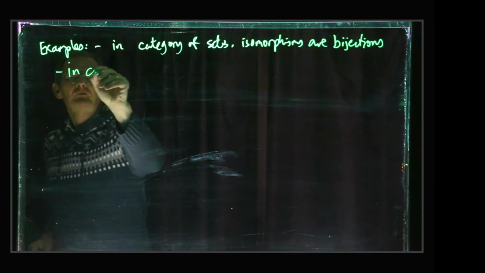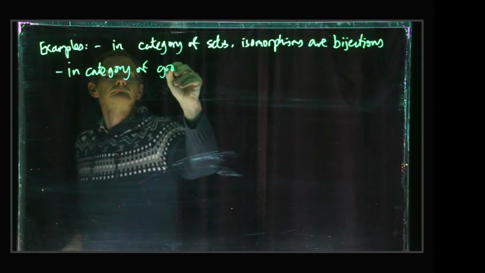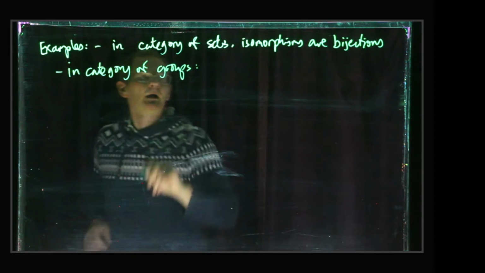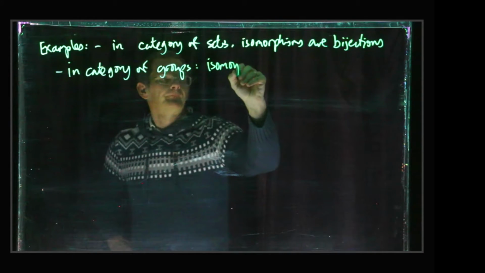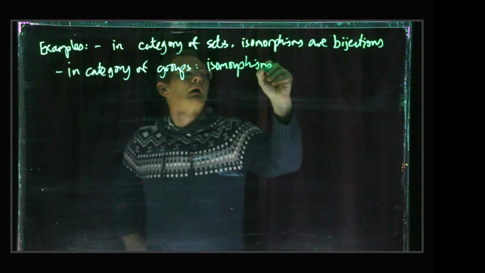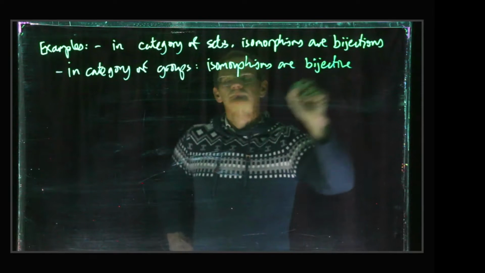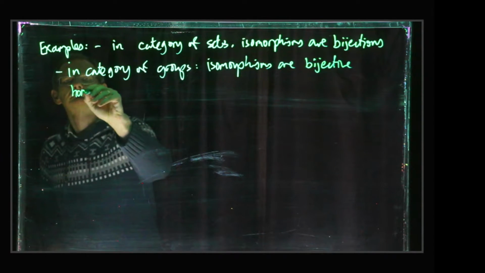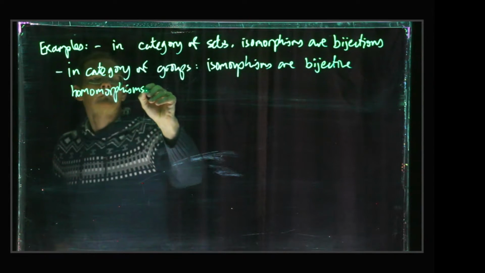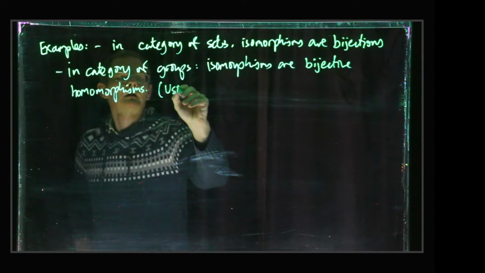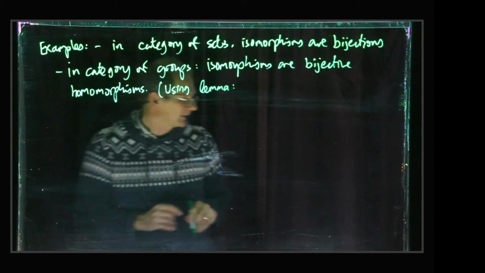And in the category of groups, isomorphisms are just bijective homomorphisms. But that's not completely obvious.